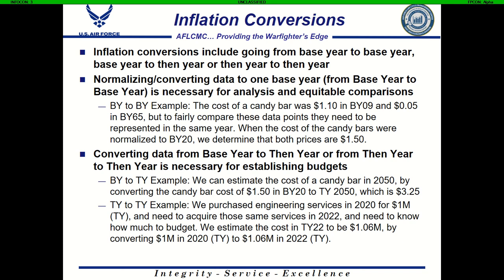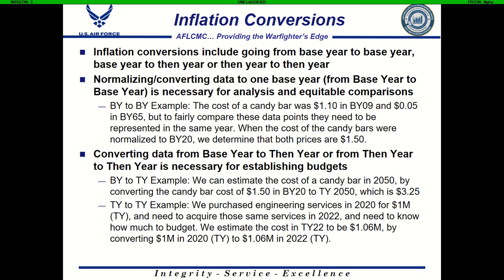If we're going from a then year to a then year, for this example, let's assume we purchased engineering services in 2020. So if this is an amount that we obligated to a contractor, the government did, in 2020, $1 million in then year dollars, and we want to acquire those same services in a future year, let's say 2022, and we need to know how much to budget.